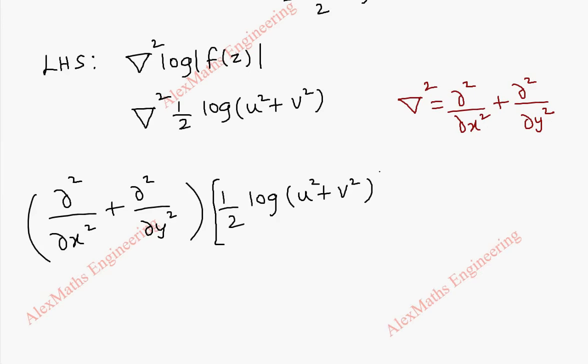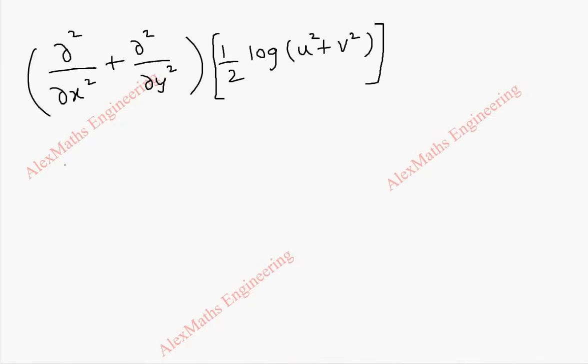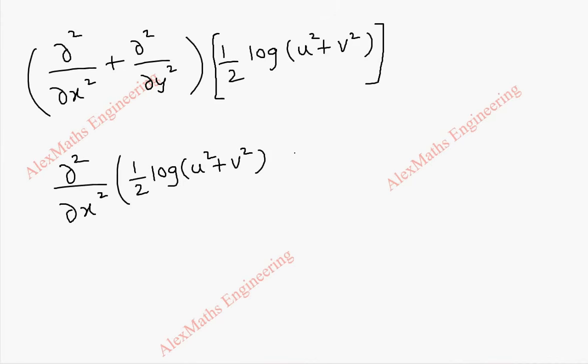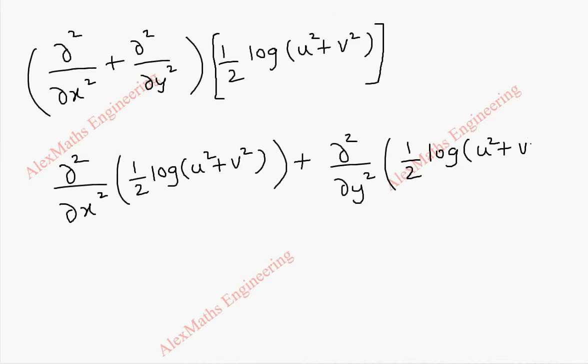Now this entire term I am going to take individually for each partial derivative, that is dou square by dou x square of half log u square plus v square, plus dou square by dou y square of half log u square plus v square.